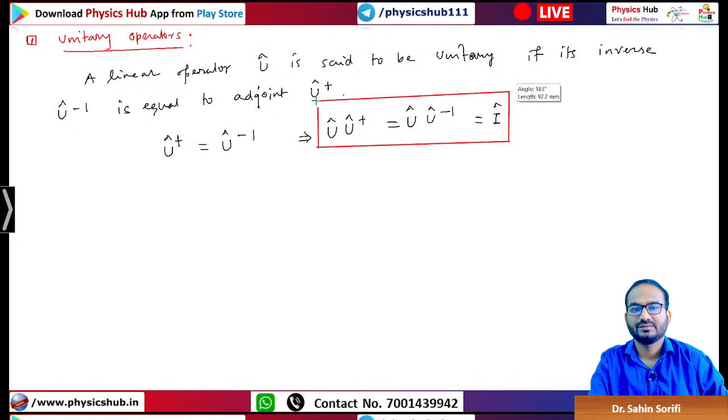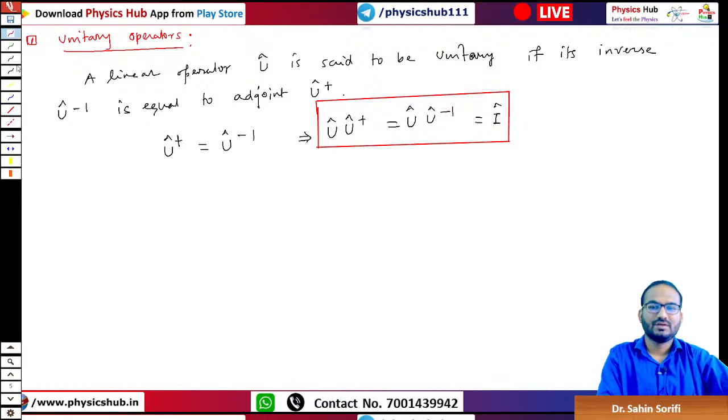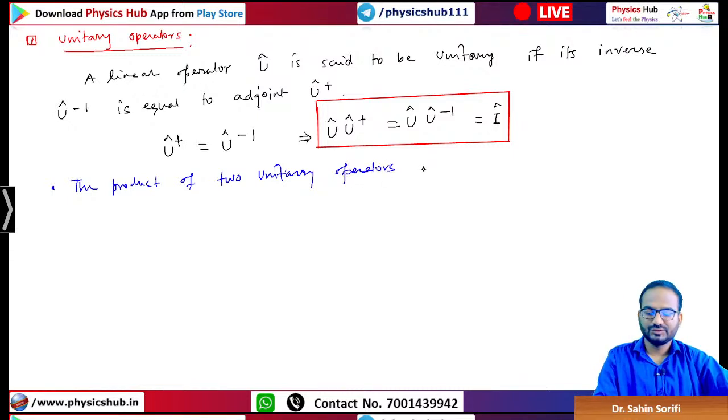U dagger is equal to U inverse, and U U dagger is equal to I cap. Now there are some conclusions from this. What will be the product of two unitary operators? What do you think? It will also be unitary.